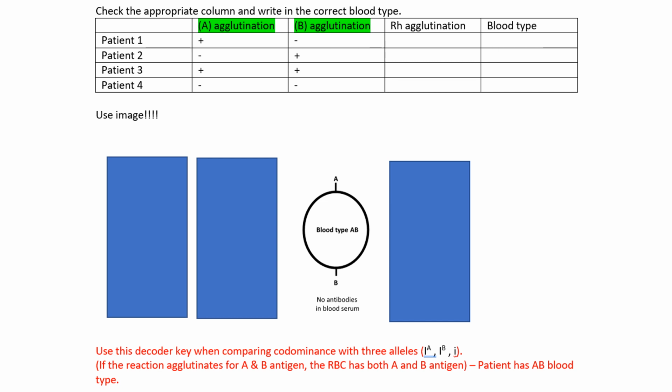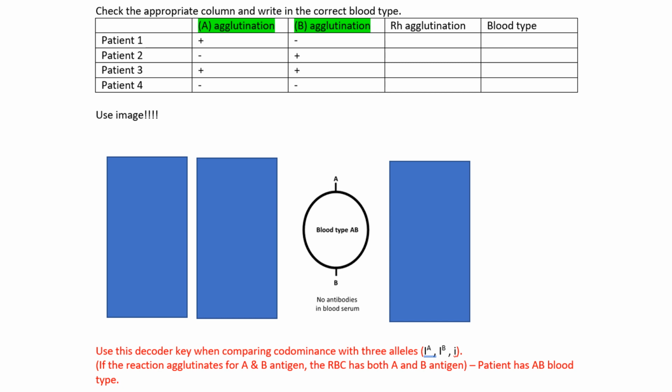So let's read our last statement. If the reaction agglutinates for A and B antigen, the red blood cell has both antigen A and antigen B on its red blood cell receptor on the red blood cell membrane. That patient has AB blood type.